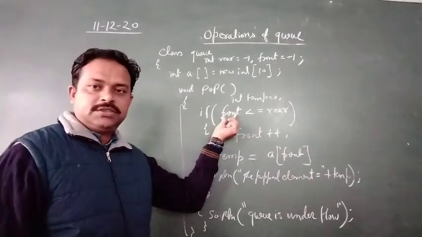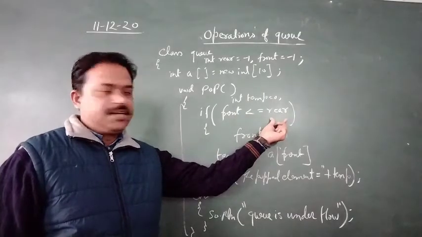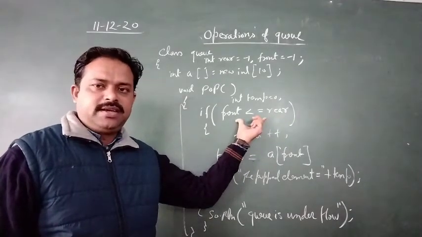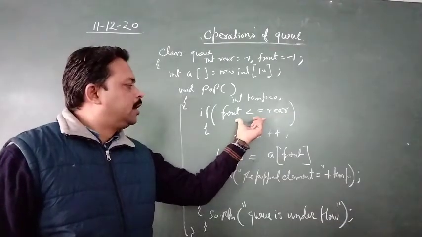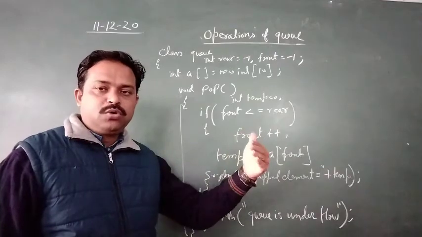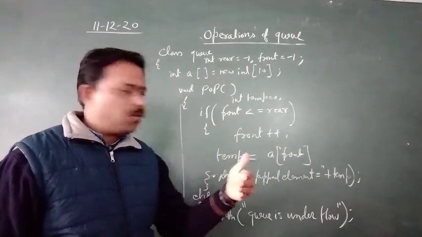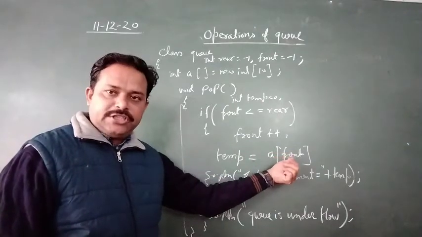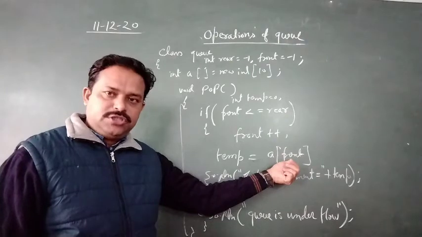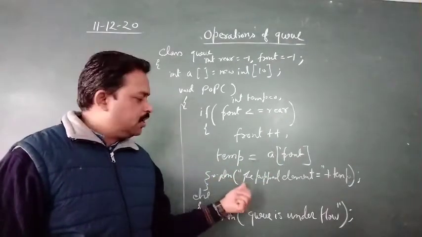See, front should be less than or equal to rear. It shows that an element is there in the array. If you are deleting the first element, I am making my front plus plus. So front, previously -1, will now reach 0. Means the element of 0 index number has been stored in a temporary variable and I have displayed it with the message, the popped element.